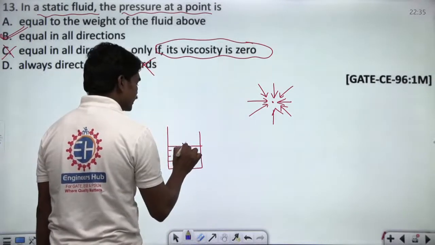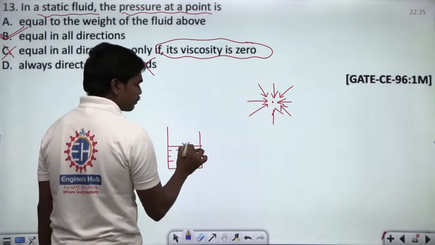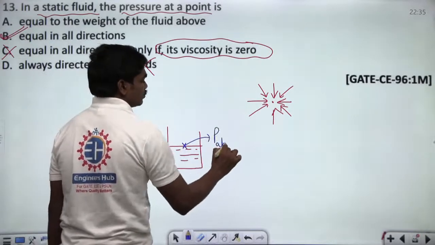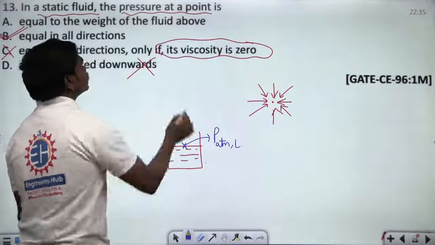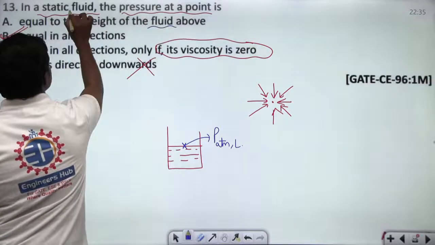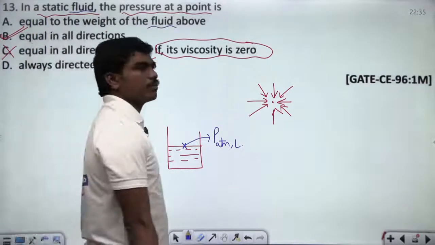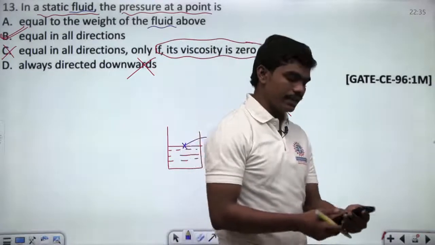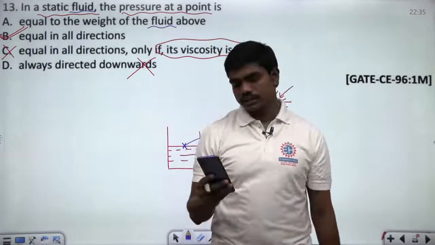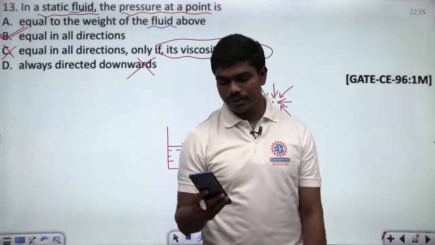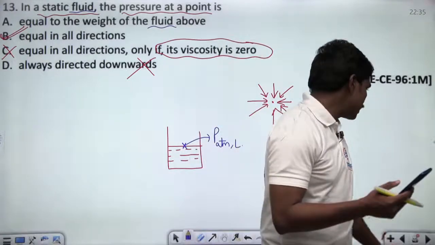If you take this point here, there is no water column beyond this, correct? But the pressure here is still atmospheric pressure. So he means the fluid is this fluid, so there can be some ambiguity in its answer, but option B is definitely a correct answer. Yes. Option B. Fine.